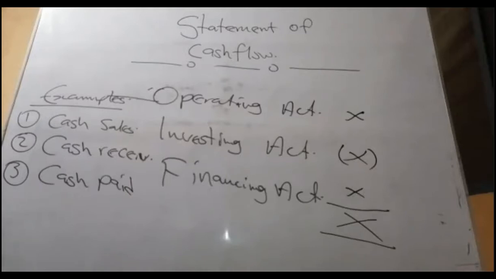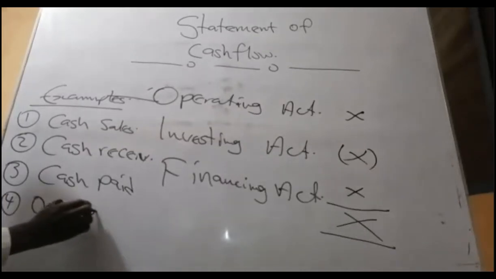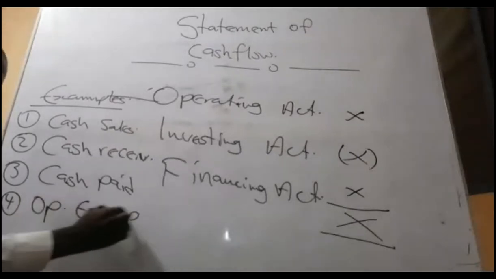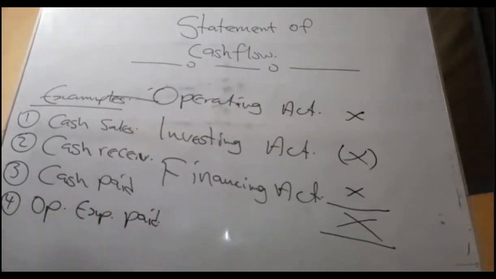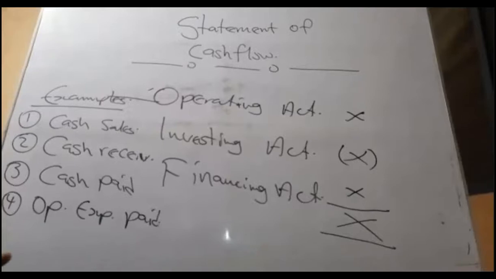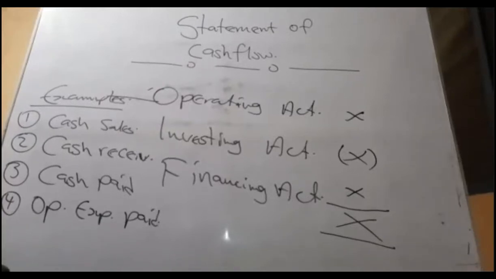Cash received from customers. Cash paid to suppliers. Then four, operating expenses paid. Examples include administrative expenses, distribution costs, rent, wages and salaries, and then the other costs. All of these form part of the operating activities.